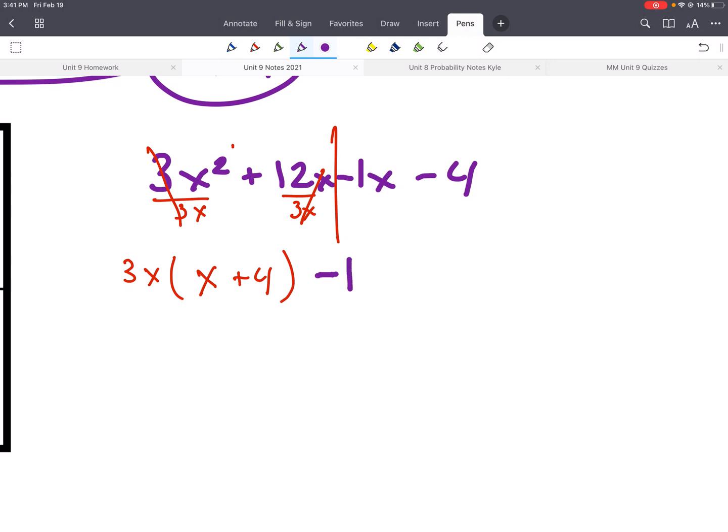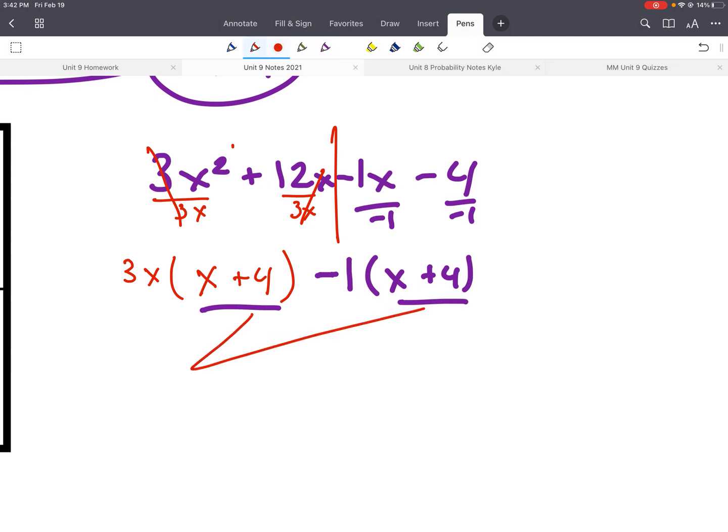So you have to take out something, like a -1. And that will leave us with x, positive x, and a +4. So that means we got it right, because the parentheses are the same. We can factor those out. And then everything else goes in the other parentheses. So 3x minus 1.